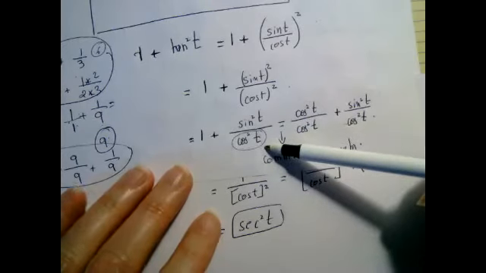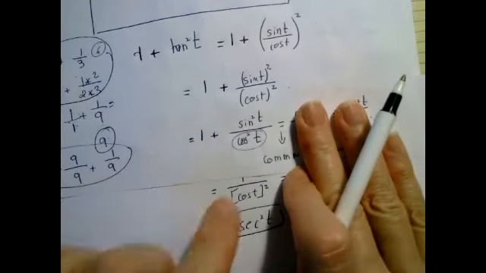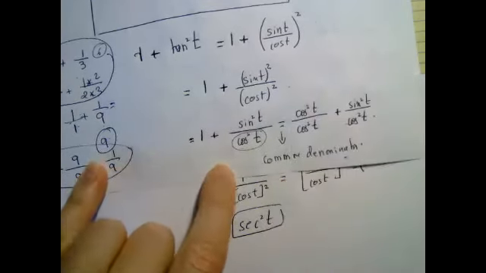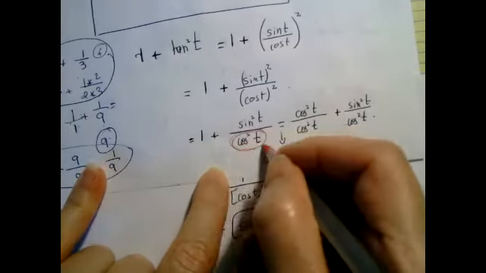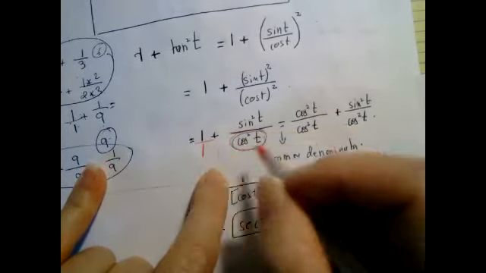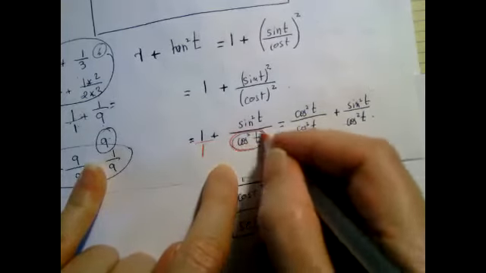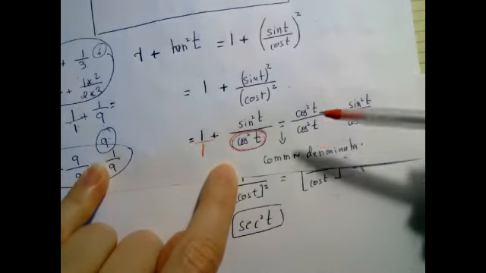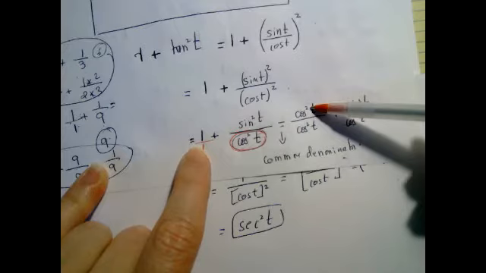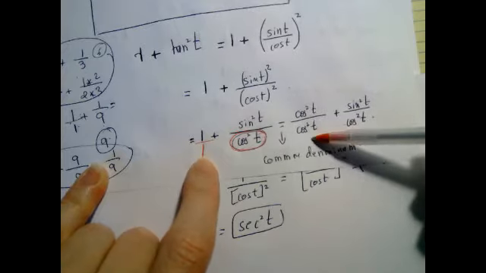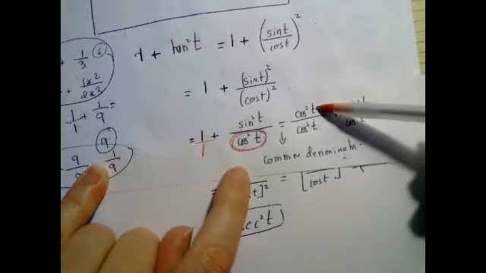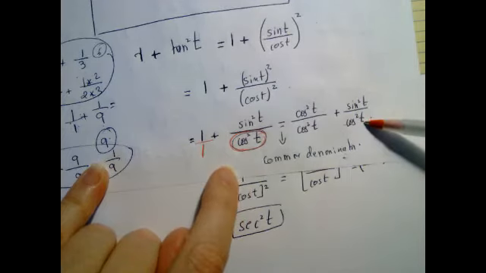So I ended up with this. At this stage, I said, I need to find a common denominator. So the common denominator here, because this is 1, is cosine square. So how do we find a common denominator? I multiply by cosine square, I divide by cosine square. So I haven't changed anything, plus this piece.